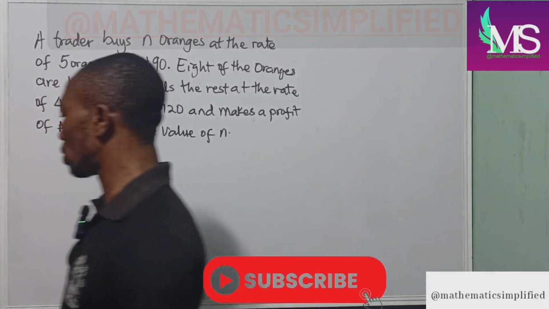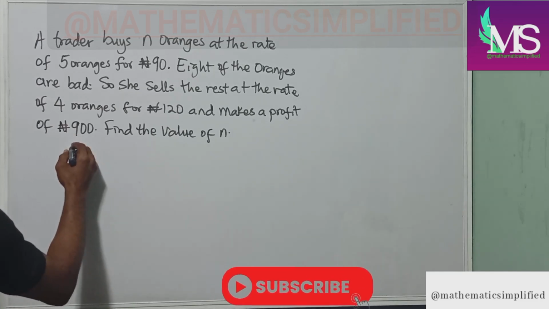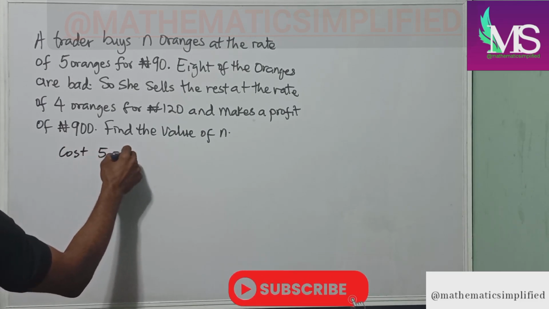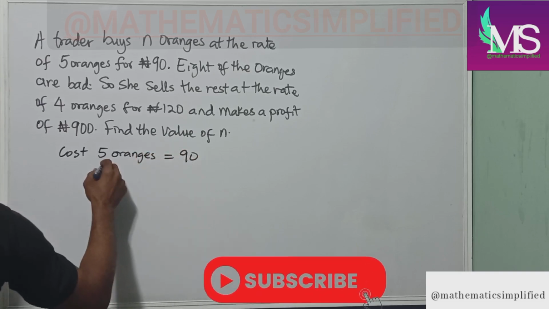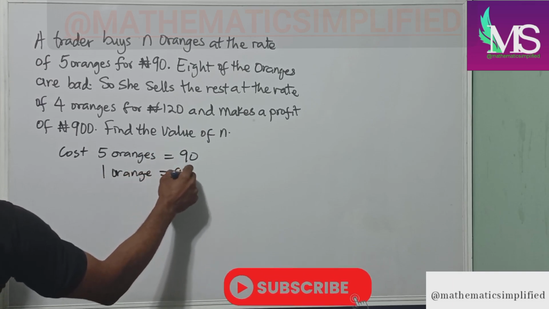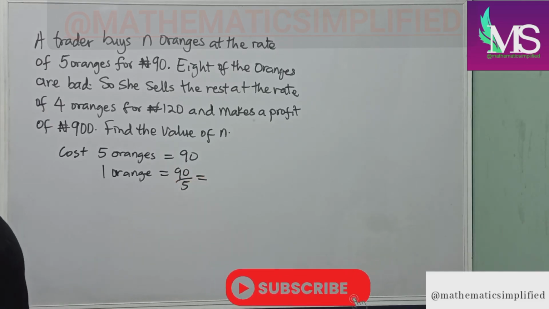Now, for us to do this, we will start with the cost of 5 oranges. So, cost of 5 oranges equals 90. That means 1 orange equals 90 over 5, which gives us 18.